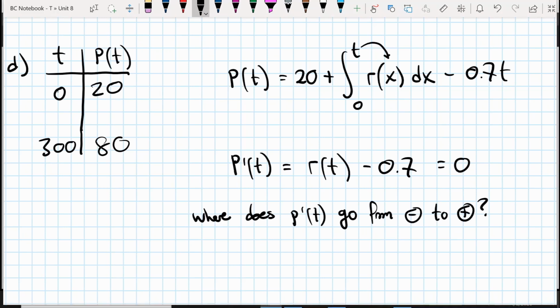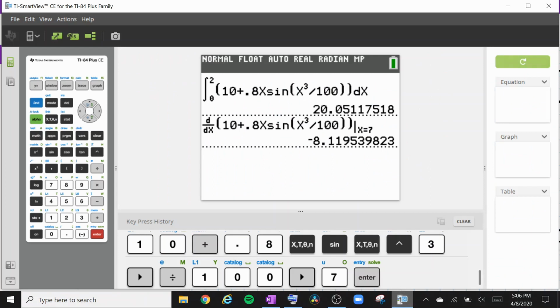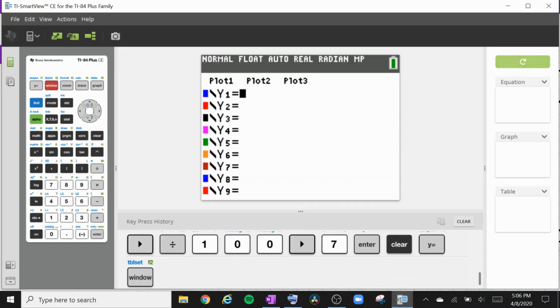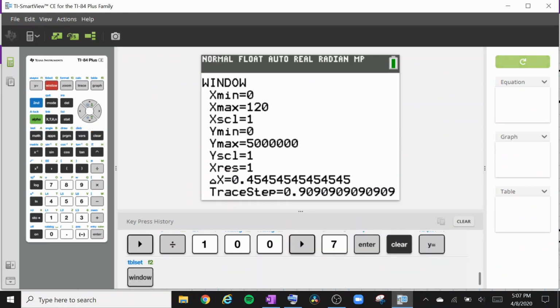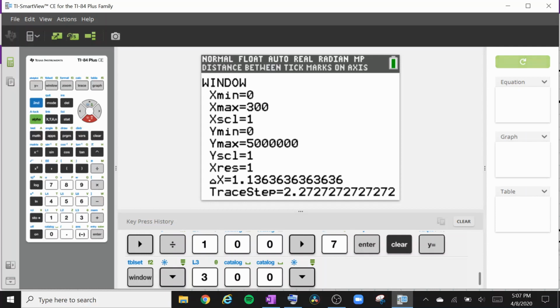And so what I'm going to do is use our calculator here to determine where the function does that. I'm going to change the windows here. We're going to go from 0 to 300 because we're starting at 0 and going to 300 equals t. And then y, let's do negative 5 to 5.